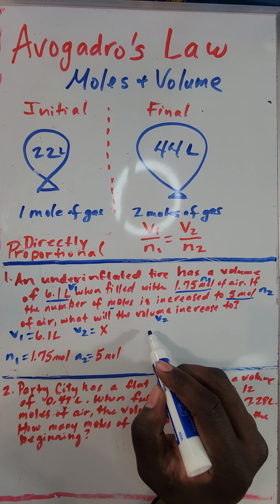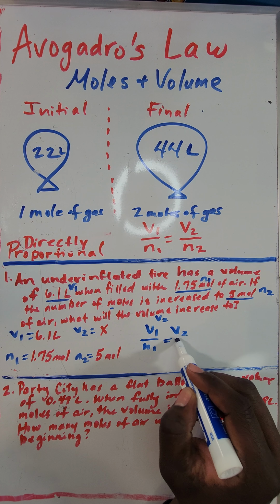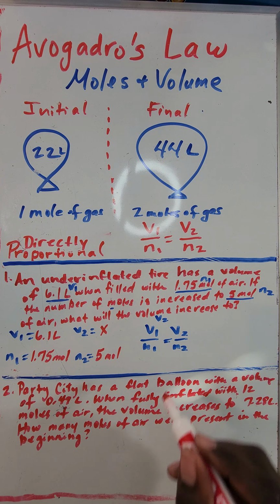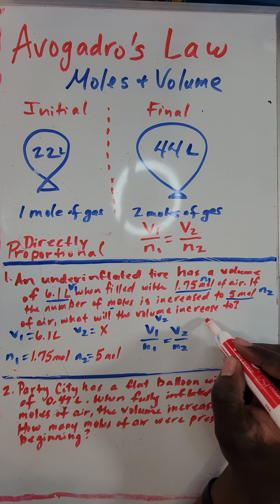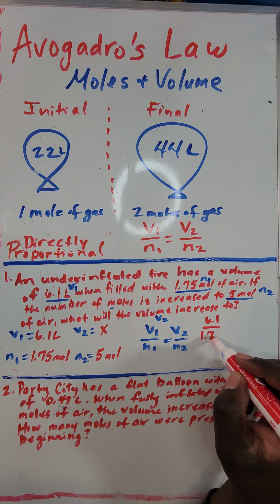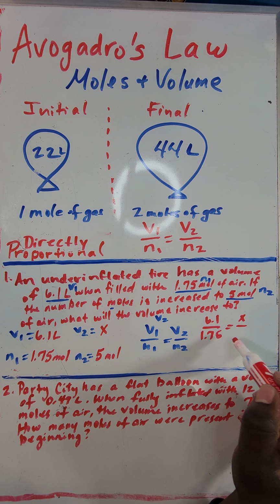V1 over N1 equals V2 over N2. We plug our numbers in. For V1, we have 6.1 over N1, which is 1.75, equal to V2, which is X, over 5.